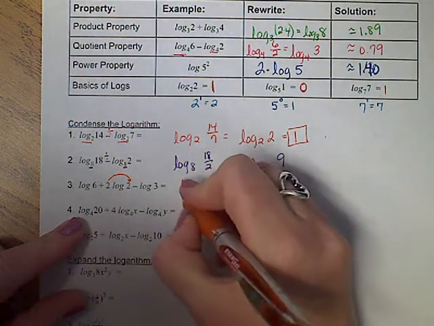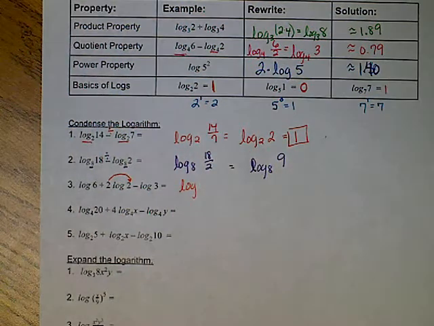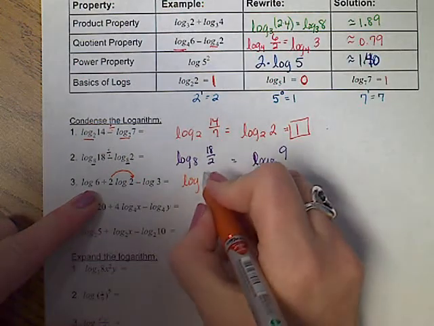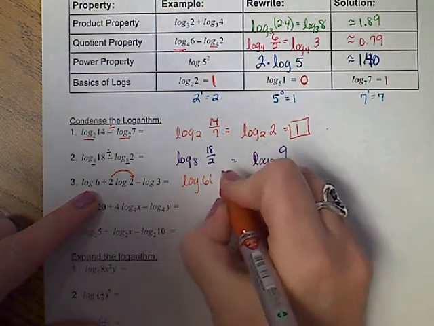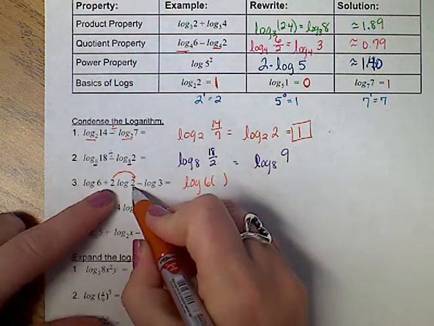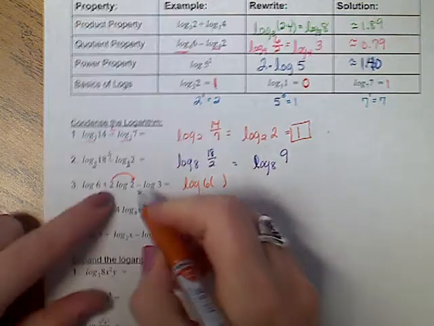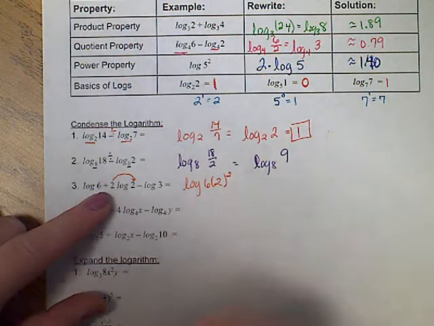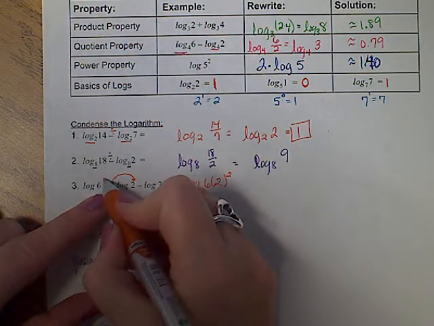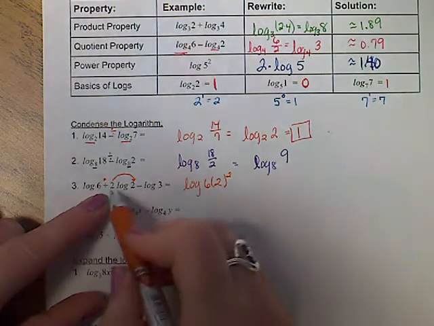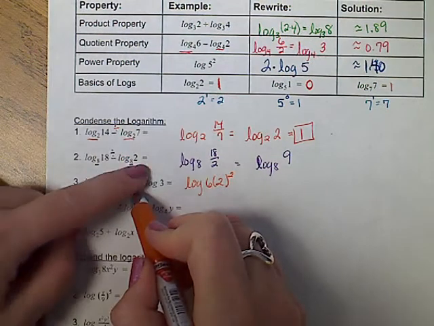So when I rewrite, this is going to be log of 6, and I'm timesing it by this 2, but that 2 has to become the exponent, so it's 2 squared. Addition means times, so it's 6 times this 2, but it's got an exponent.